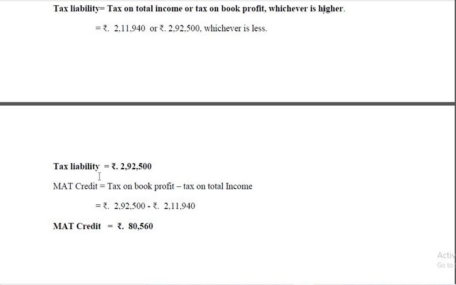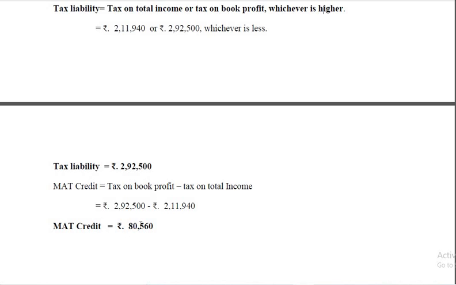Then MAT credit you have to calculate. What is MAT credit? If minimum alternate tax is applicable, then MAT credit is equal to tax on book profit, also called MAT, minimum alternate tax, minus tax on total income. As a result, the difference in this problem: 2,92,500 tax on book profit, 2,11,940 tax on total income.